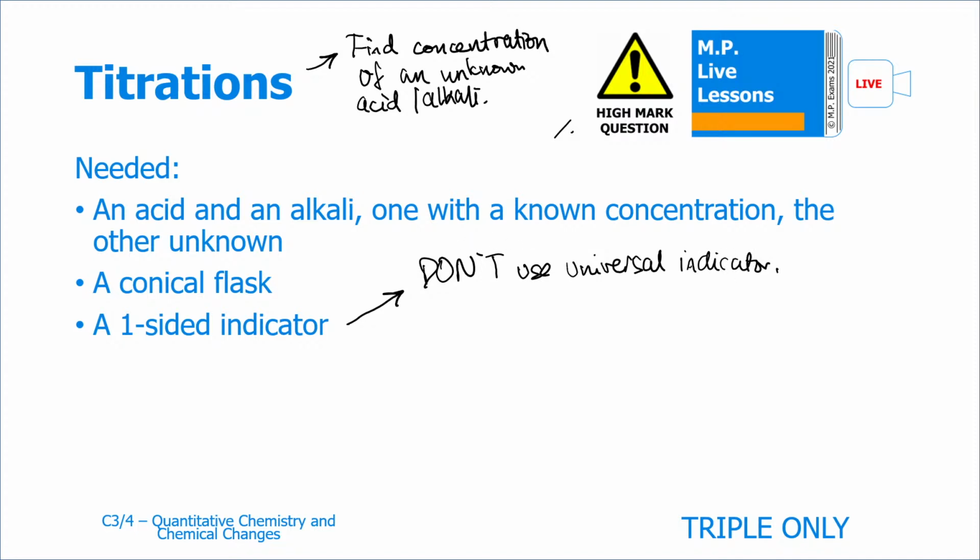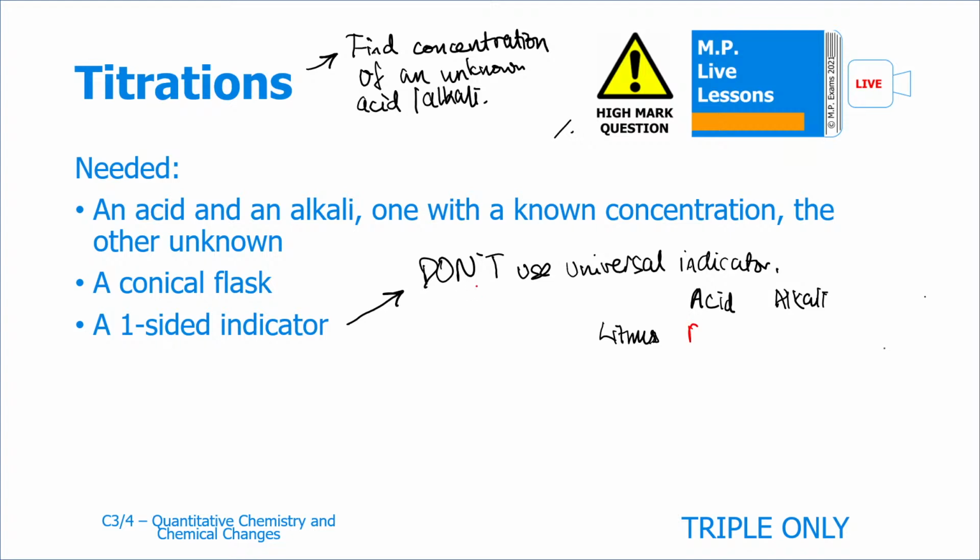Rather than using universal indicator, some other examples could be, for example, we'll say the colors when it's an acid or base or alkali. For example, we have litmus, which is often paper.